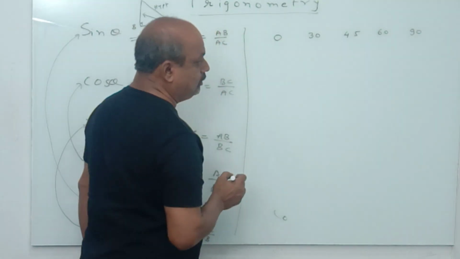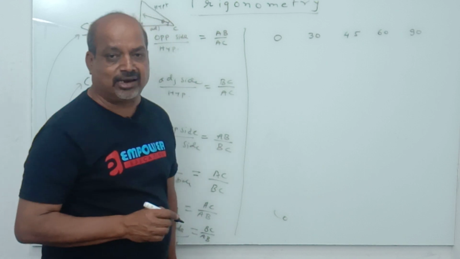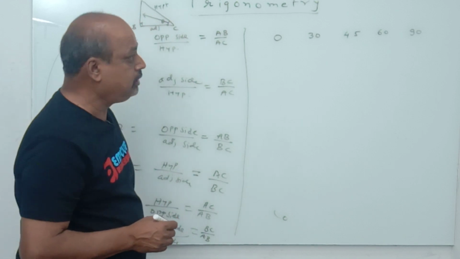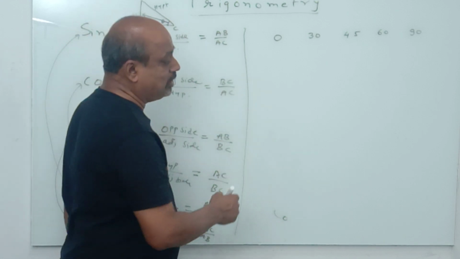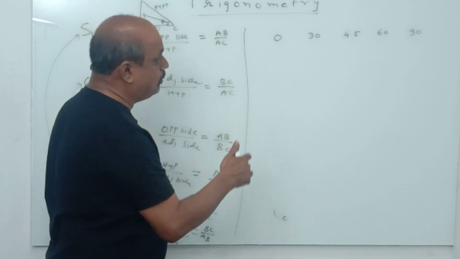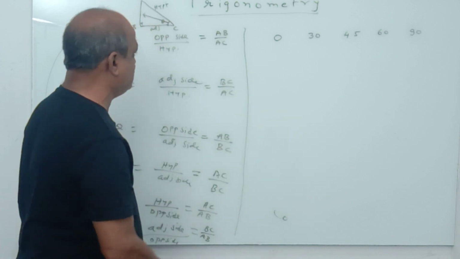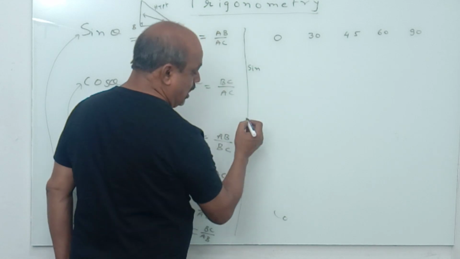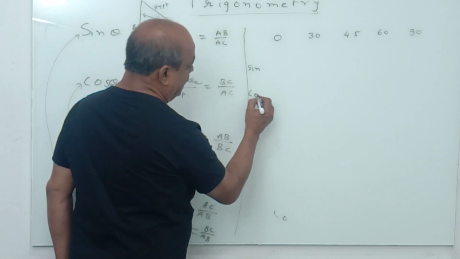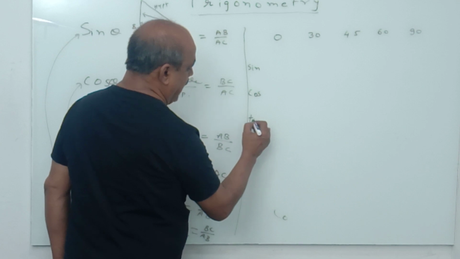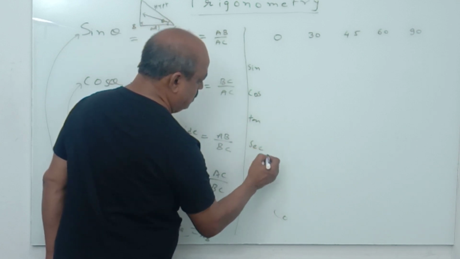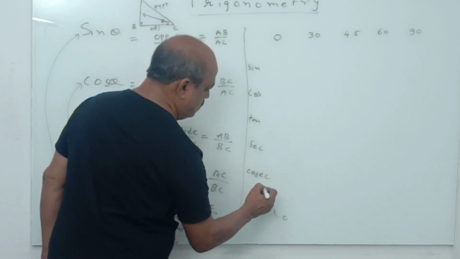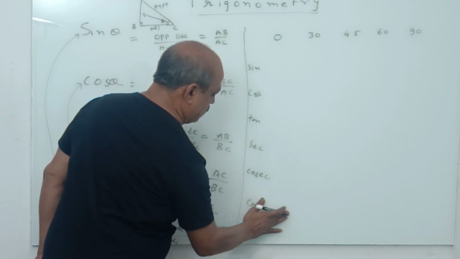These standard values you will require in heights and distances in 10th standard, and in 9th standard there will be some exercises to solve problems on these standard angles. So I will write down all trigonometric ratios starting with sine, then cos, tan, sec, cosec and cot.